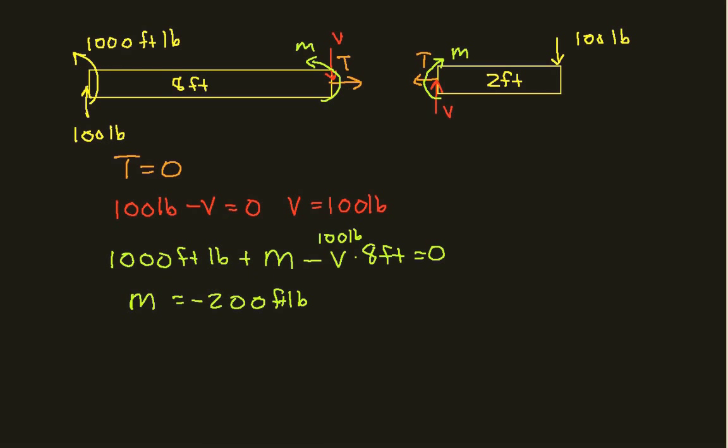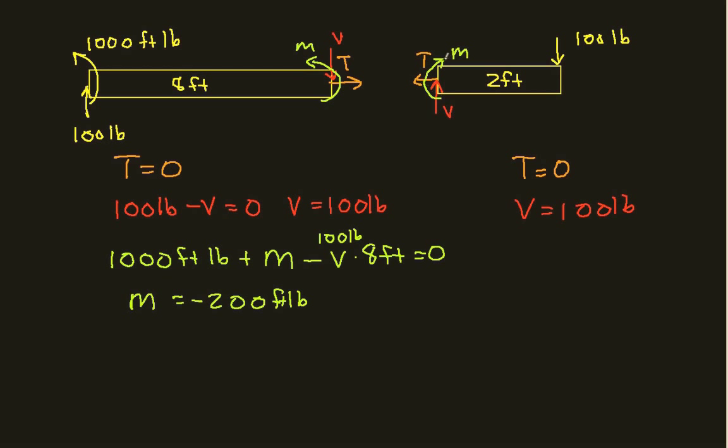Okay, very quickly, because I'm out of time, if we look at this free body diagram, again, the sum of the forces in the x direction is 0. It says T is 0. The sum of the forces in the y direction is 0, which again tells us that V is 100 pounds. The sum of the moments is also 0.